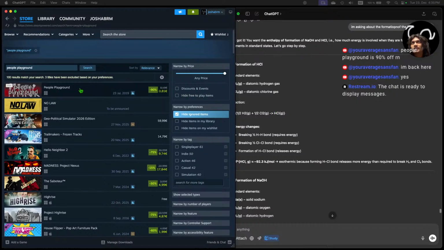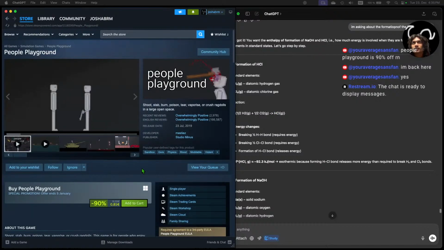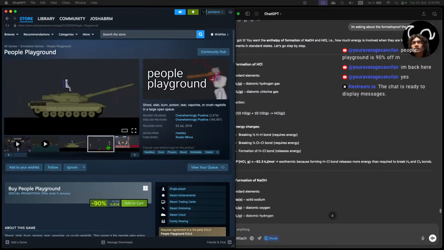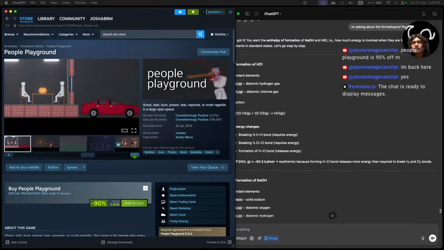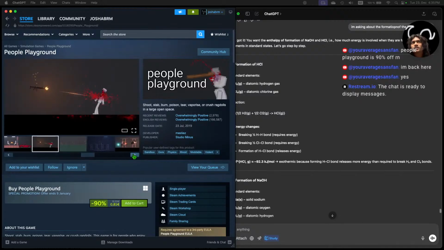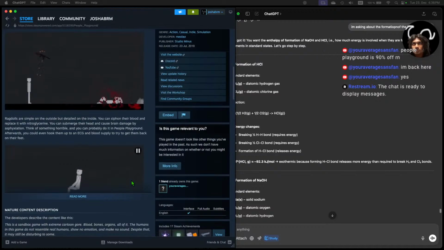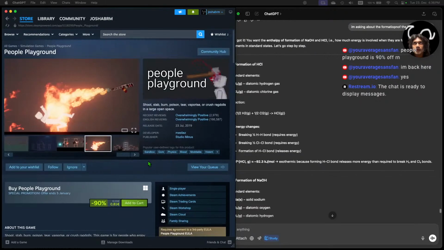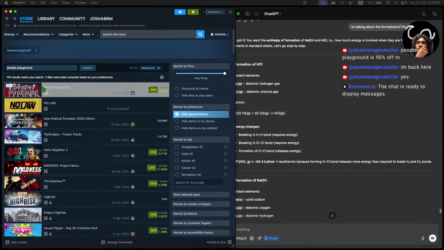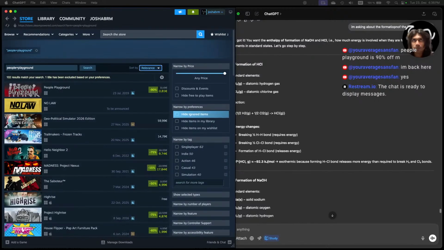It's 81 cents? Oh, it's like a simulator. I used to watch a lot of shit like these back in the day. And it's only Windows. And god damn it, I don't have a Windows machine.